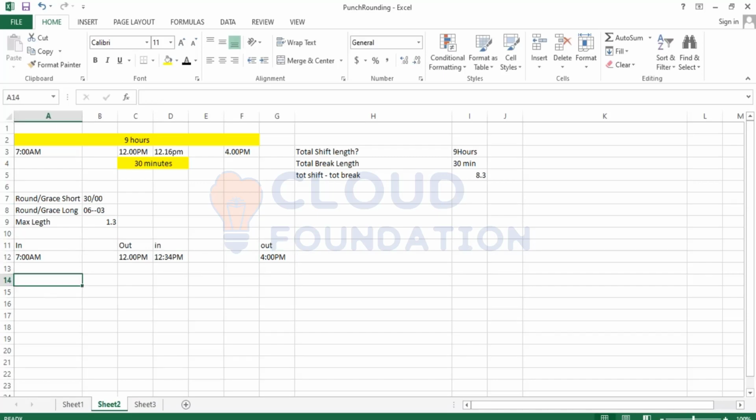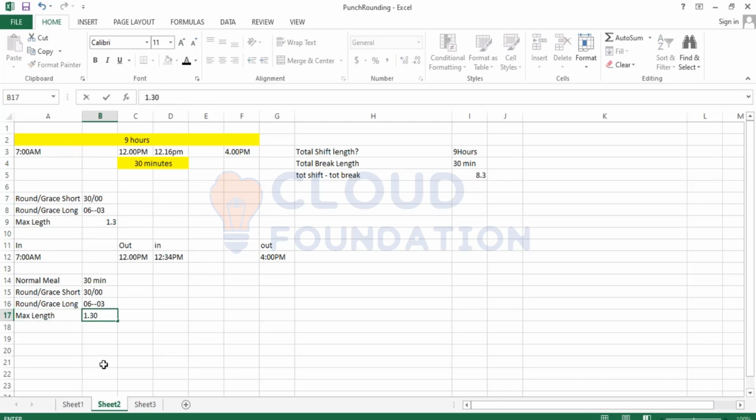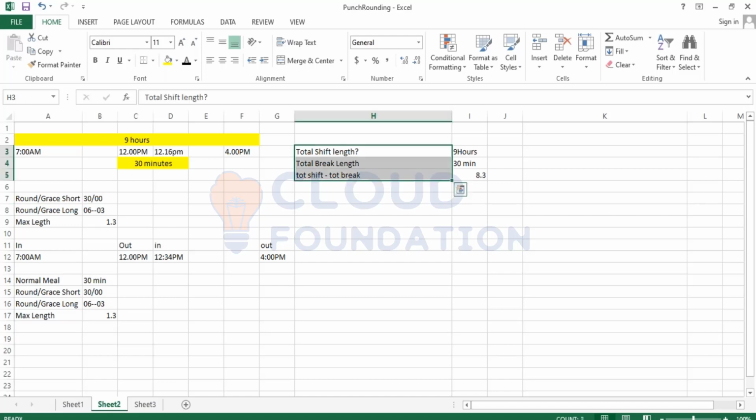So my normal meal is 30 minutes. My rounding is going to be the same. My maximum length is going to be 1.30. So we have these questions.